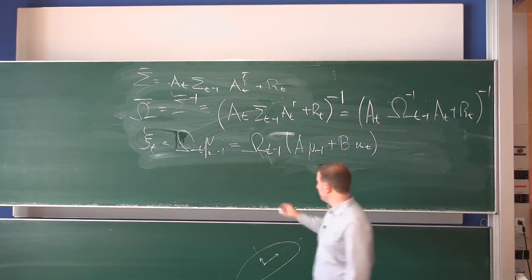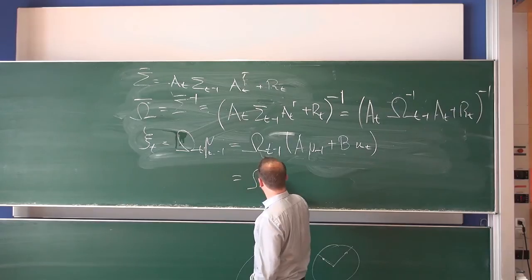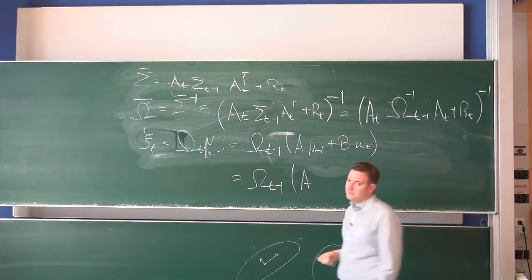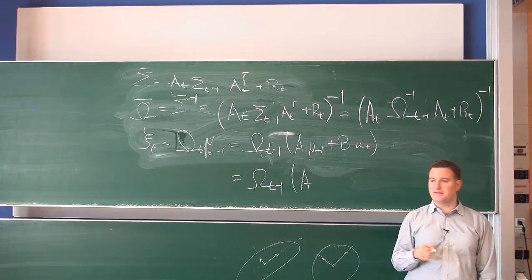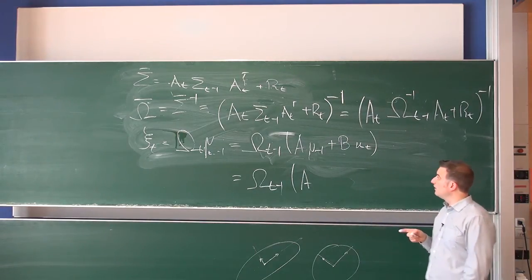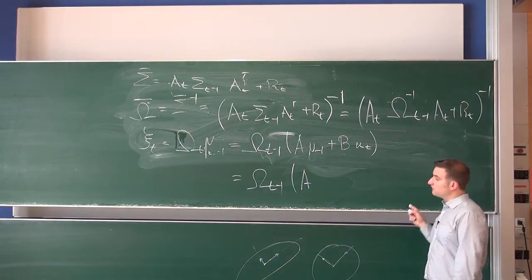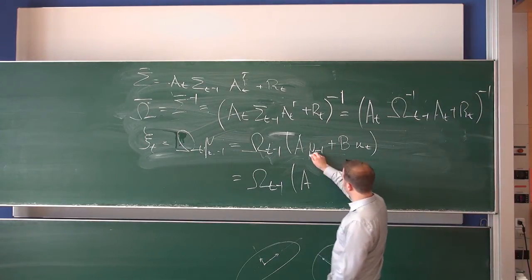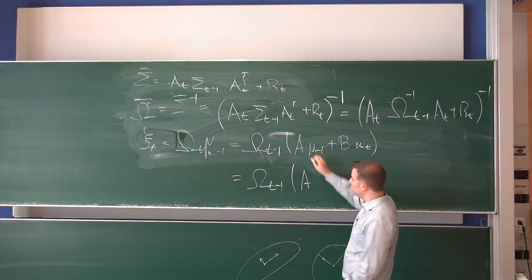We don't have the mean in here, so we have to do another step. Sigma_{t-1} A, and the mean was defined as the inverse information matrix times the information vector. So we have to replace this guy because we don't have the mean, we only have it in information form.